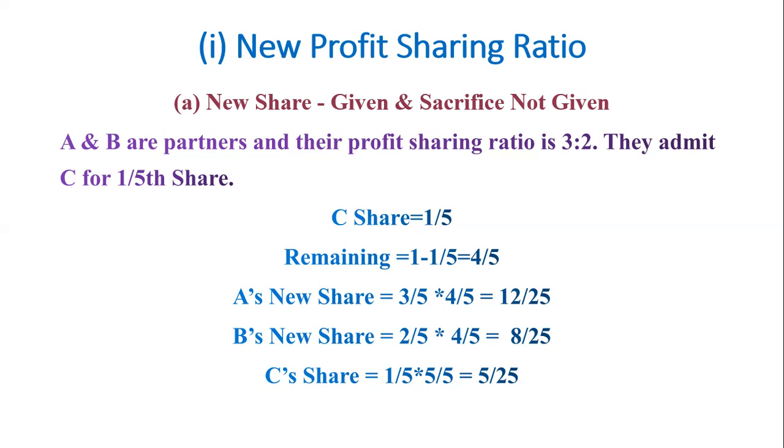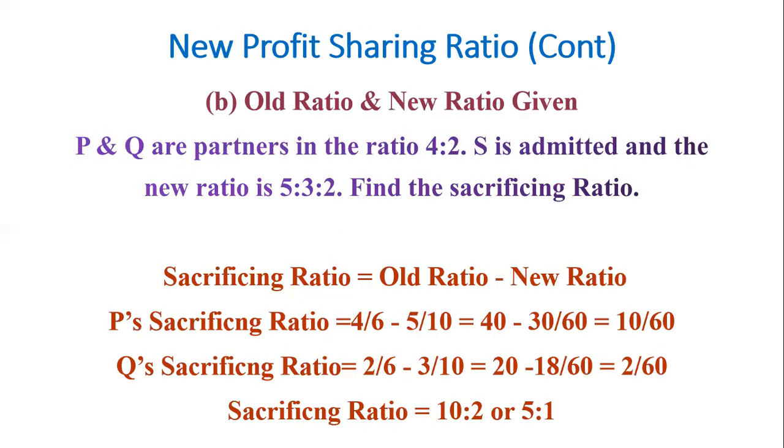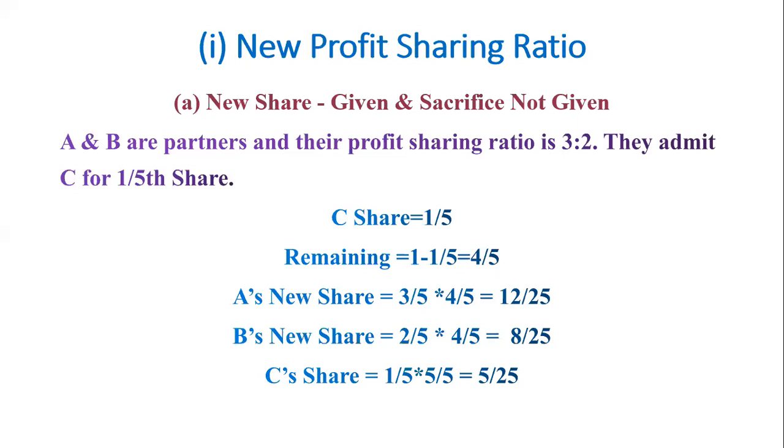The old ratio is 3/5 for the first partner A and 2/5 for the second partner B. So the remaining share, after giving it to the new partner, is shared by the existing partners in the old ratio, which will be 12/25 and 8/25.